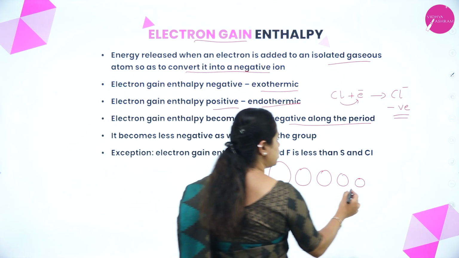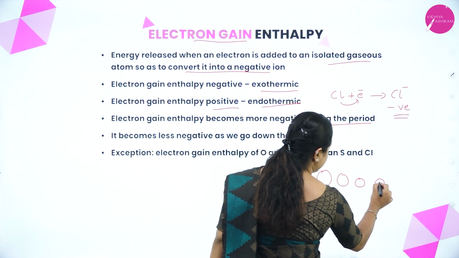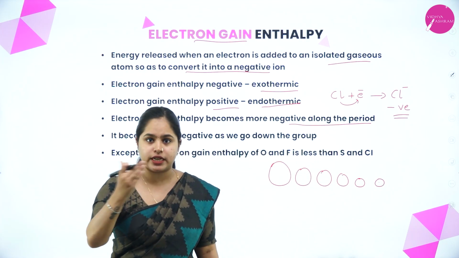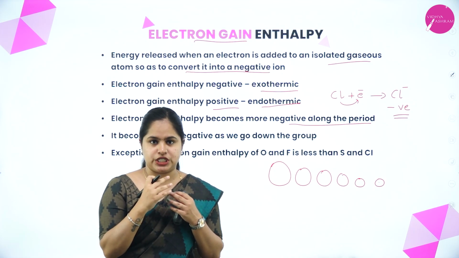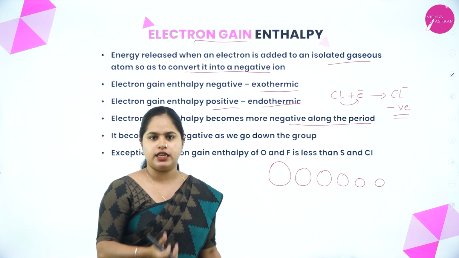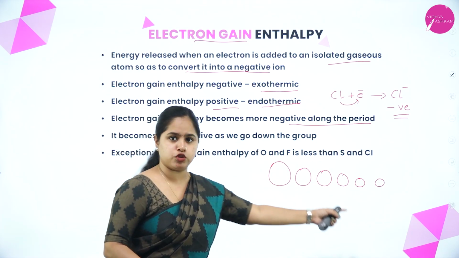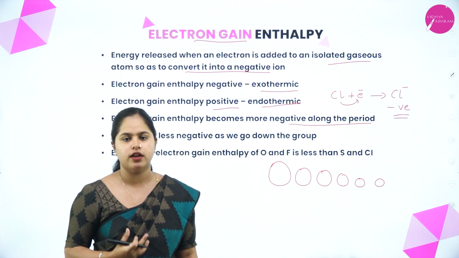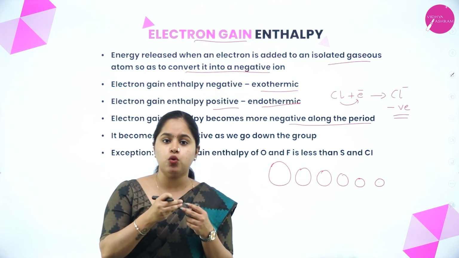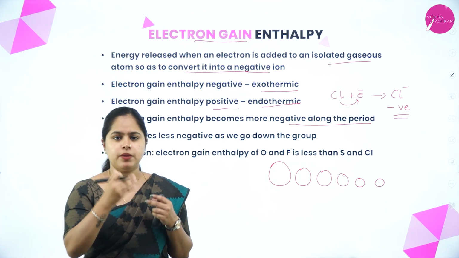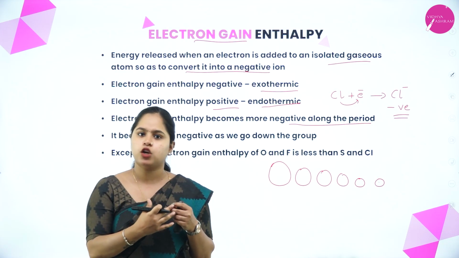So we know that towards the end of the period, the nucleus and the outermost electron will be very close to each other, right? The atomic size is very small towards the right of the periodic table. As we move from left to right, the size decreases. We already know that. So now the attraction between the nucleus and the electron will be very, very strong, because they are very close to each other.